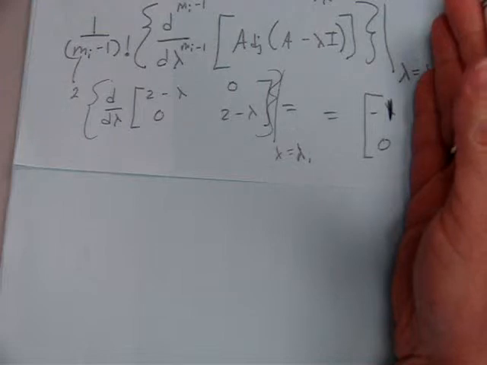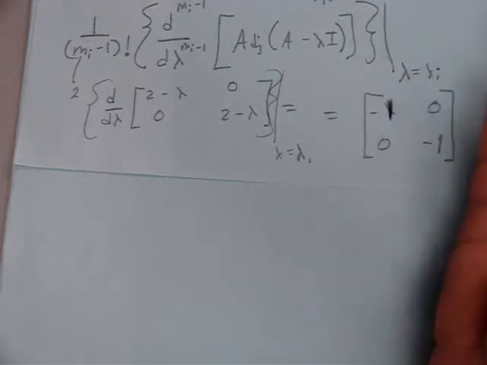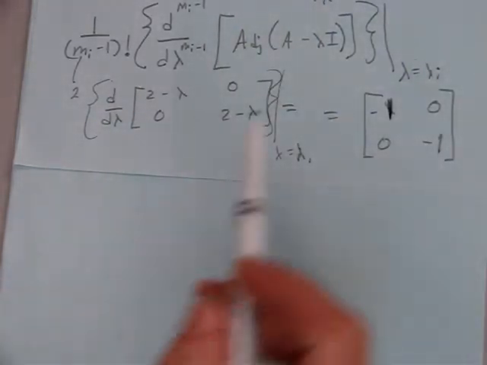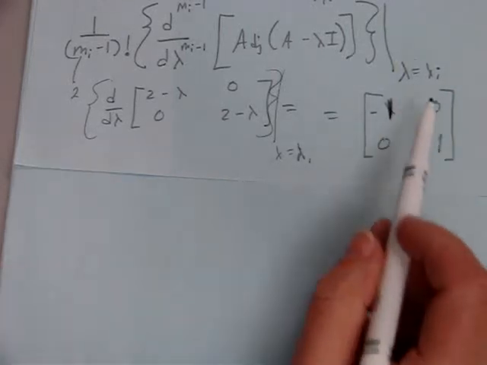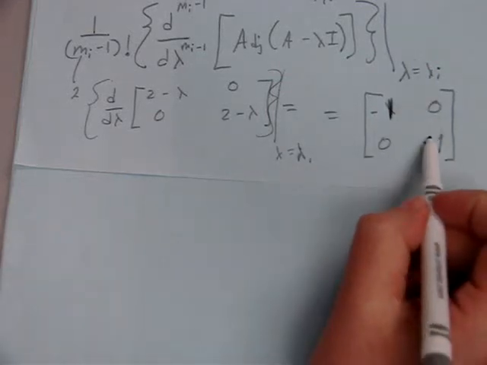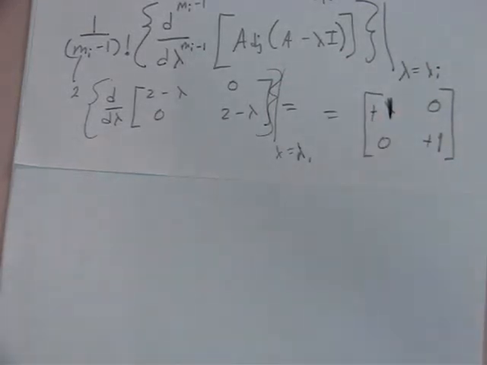But we can't use that vector again by putting in a different value of lambda, because it gives us the same value. Or we can't take another derivative, because that will give us 0 for a vector. So we look to the next column for a linearly independent vector, and we have the other one of the set. Again, we can make it a positive 1. That gives us our 2 generalized eigenvectors for that problem, and that would be our answer.